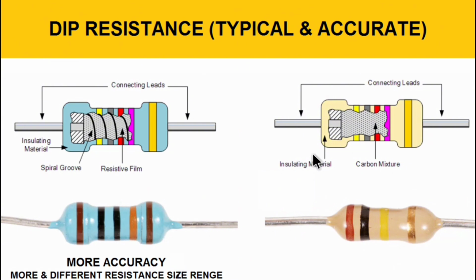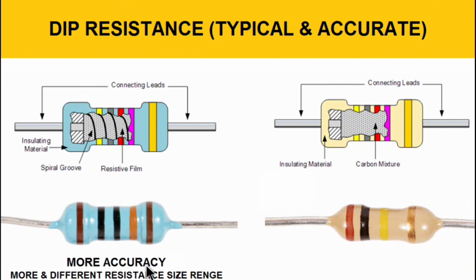Their accuracy is determined from the last bar, which is usually around 10%. But the accurate resistors inside them have, instead of carbon, a resistance film wrapped on that coil.